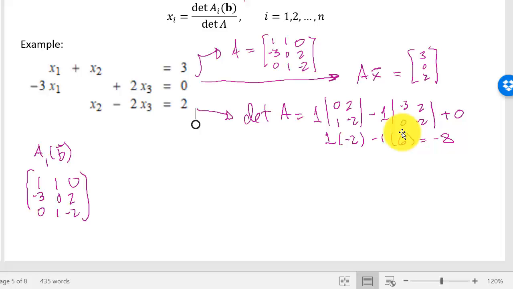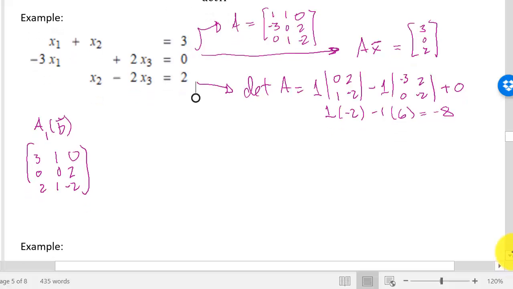What we want to do is replace the first column by the vector B. So let's get rid of the first column, and let's replace it with the vector B, which is 3, 0, 2. Okay, so this is our A1 of B, and let's go ahead and find the determinant of that.